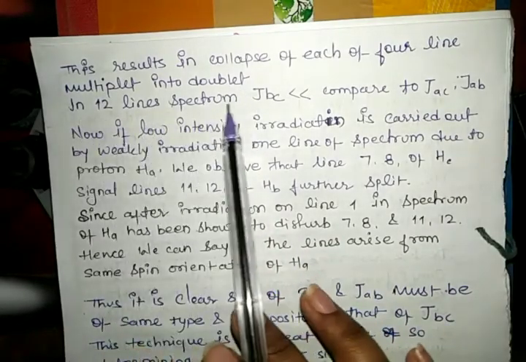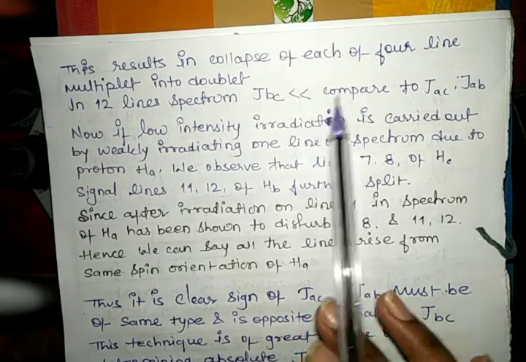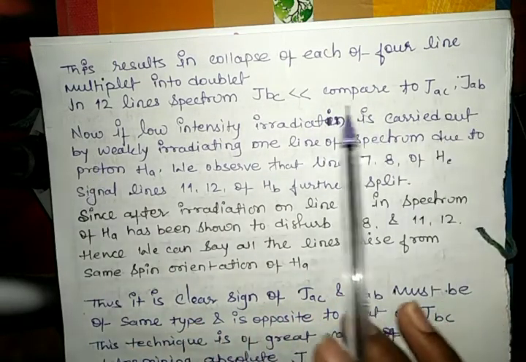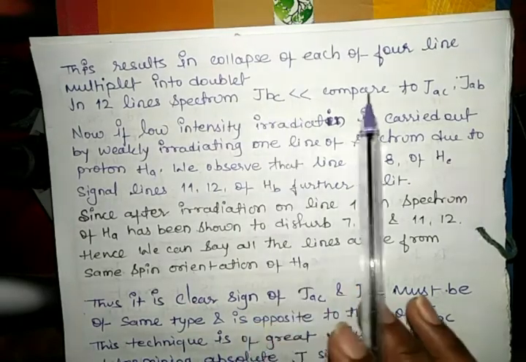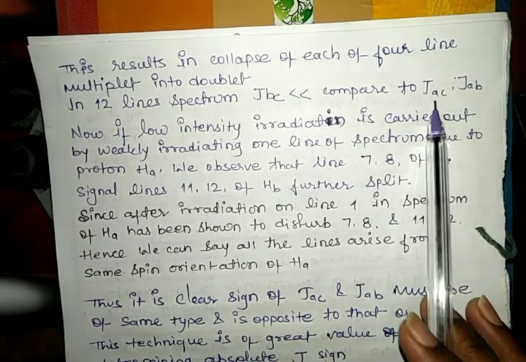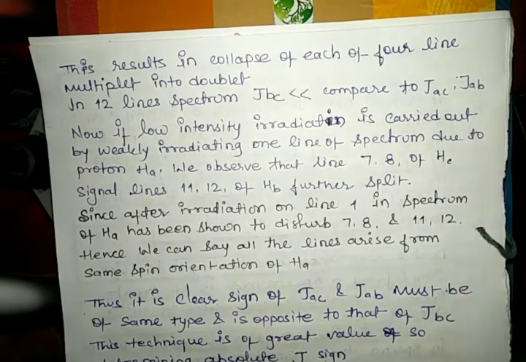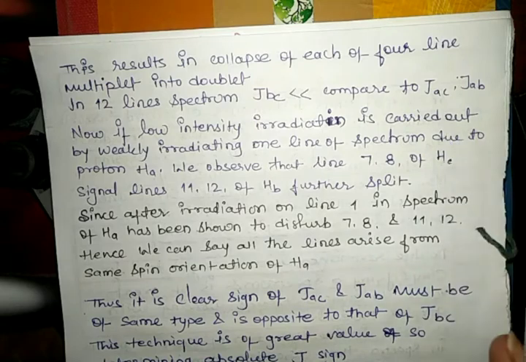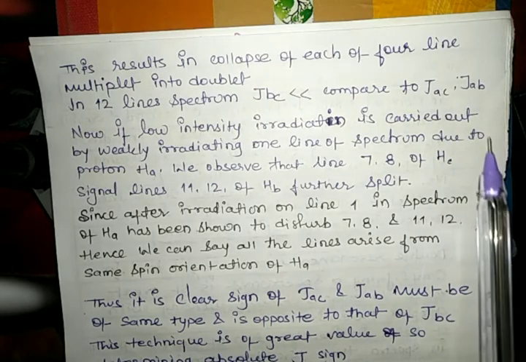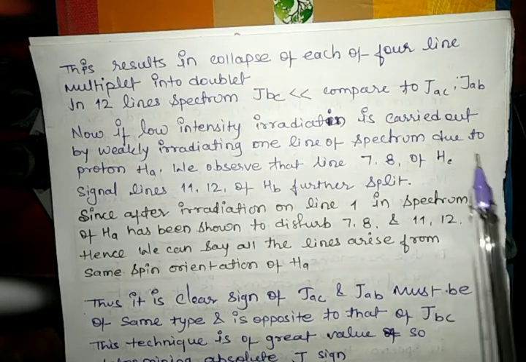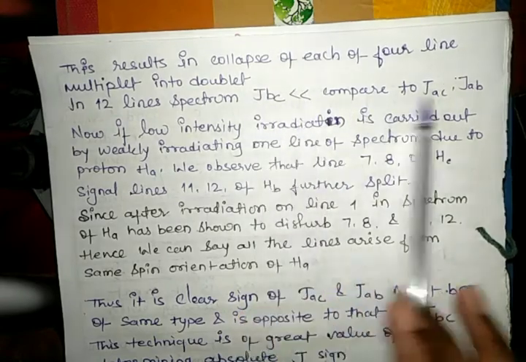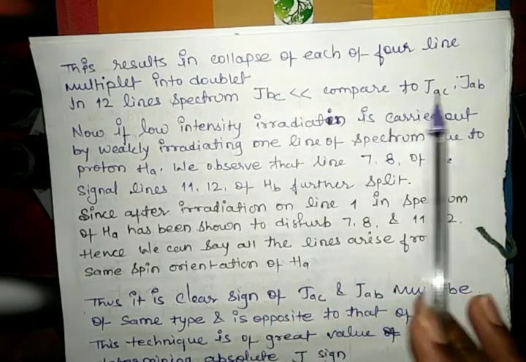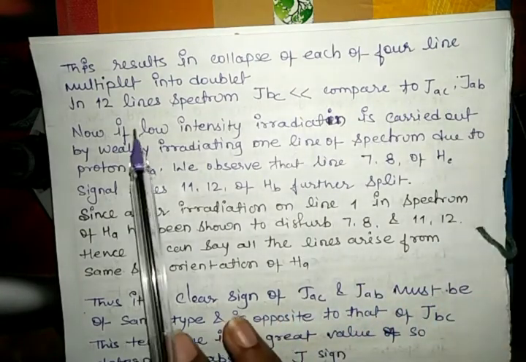In the 12 line spectrum, JBC is much smaller compared to JAC and JAB, the coupling constants of B and C as compared to the coupling constants of A and C and A and B. A, B and C mean the different chemical environments of the protons. We have three different types of protons. So there is given the coupling constant of JBC and JAC and JAB.